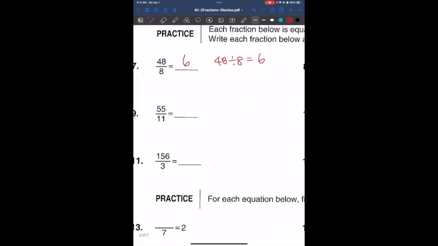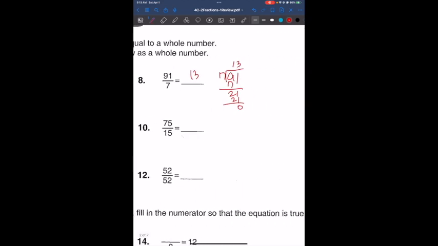For 55/11, 55 divided by 11 is 5, because 11 times 5 is 55. And then we have 75/15. So that's going to be 5, since 5 times 15 gives us 75.